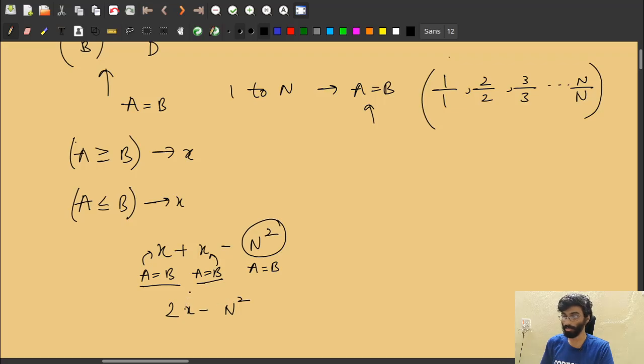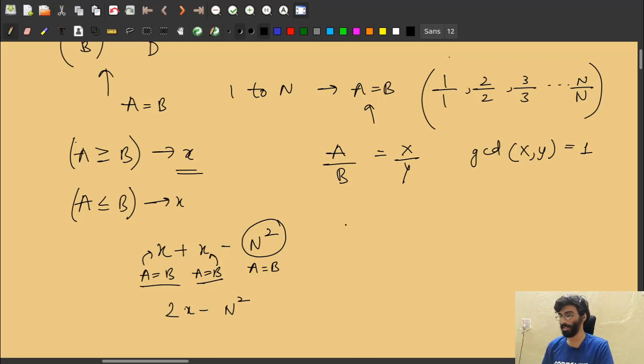Now the problem is that we have to find x, which is the number of pairs when a is greater than or equal to b. As I said, a/b can be reduced to irreducible form, let's say x/y, where GCD of x and y is 1.